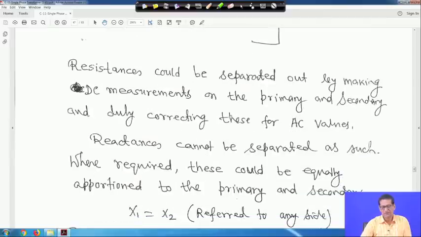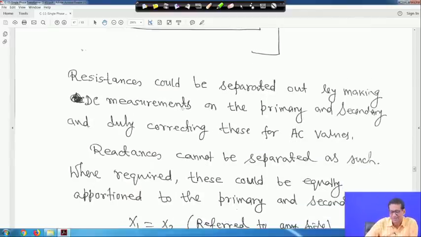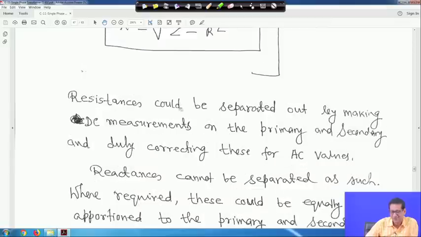I am not doing this in this video course, but I am telling you to try to find out how to find the resistance. Suppose it is asked that you measure the resistance of each side of the transformer winding. How will we do this? That resistance could be separated out by making DC measurement on the primary and secondary, and duly correcting those for AC values. This you try to do on your own.